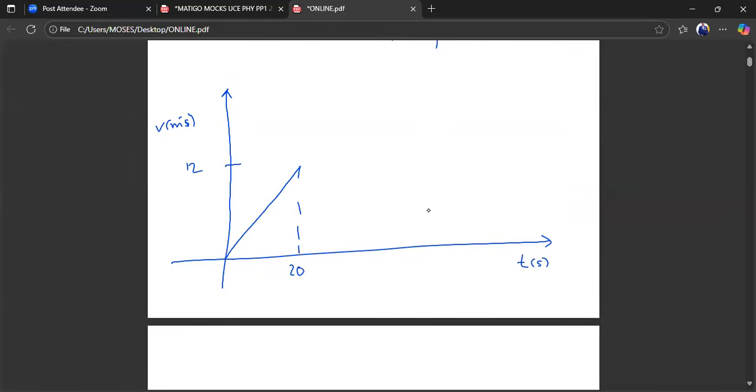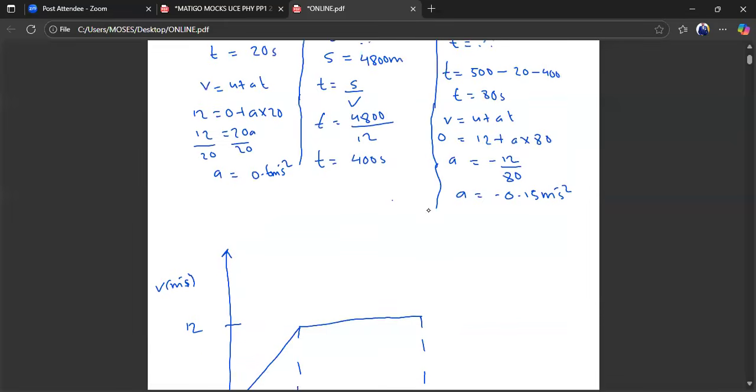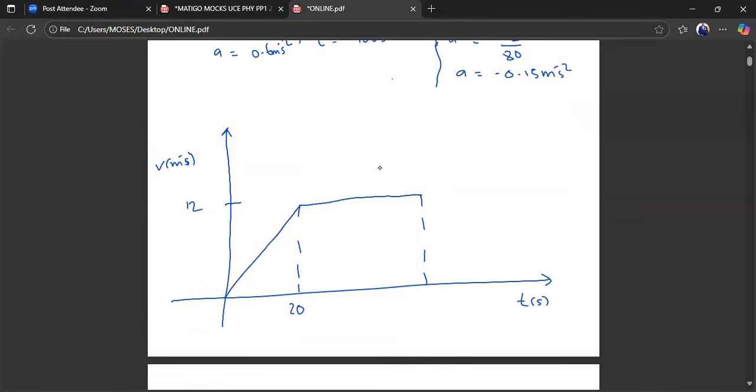Now, the second stage here, we are having constant velocity, which is supposed to be a straight line because time is increasing, but velocity is not changing. So we shall have this here, and this thing is cumulative. So 20 was for the first stage, but time for the second stage is 400 seconds. So plus 400 here, we shall come up with 420. That is our time for the two stages. Now, in the third stage, we are having uniform deceleration, which will be going downwards because velocity is reducing.